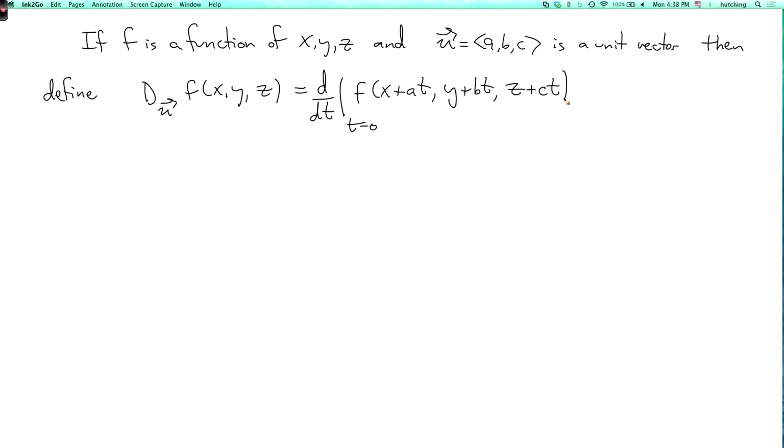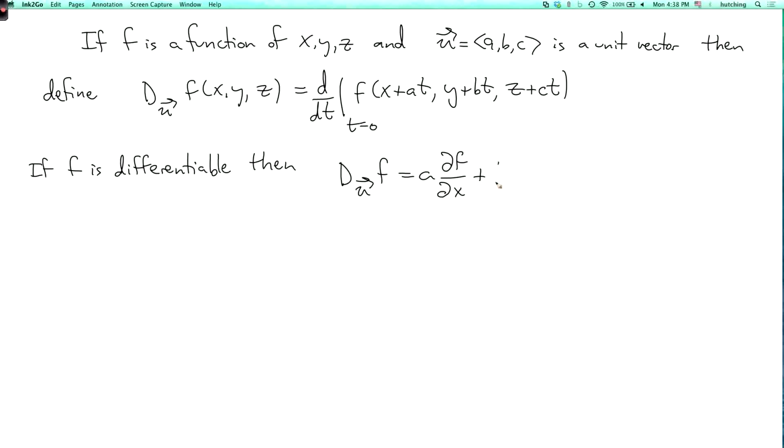And if f is differentiable, then you can use the chain rule to write this as follows. D_u f is a partial f partial x plus b partial f partial y plus c partial f partial z.